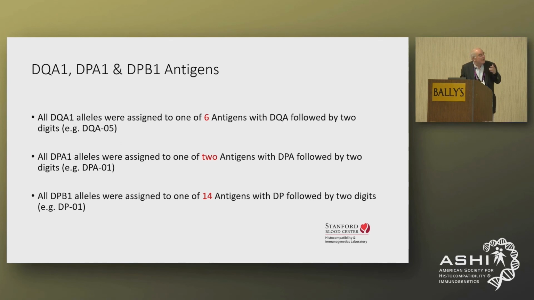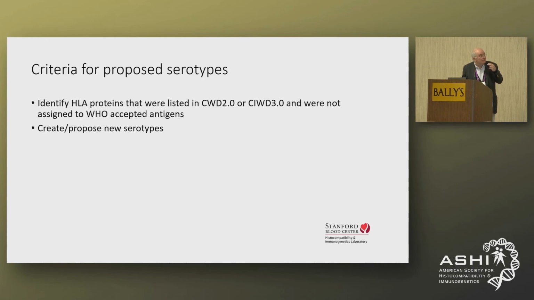So for DQA1, DPA1, and DPB1 antigens, we also came up with serotypes, and you can look at them in the paper. We define DPA01 and DPA02. O1 includes O3s, and O2 includes O4s, and you probably see those in your tests as well. We use the common and well-documented alleles to assign serotypes.